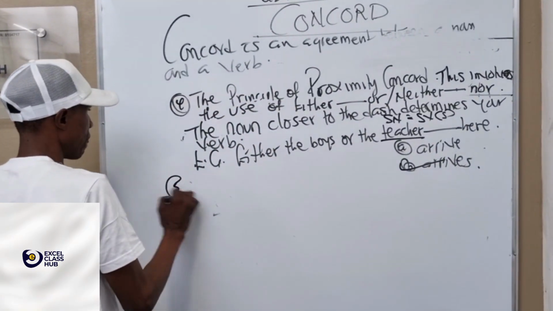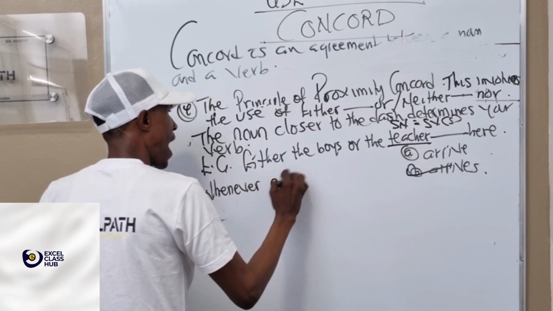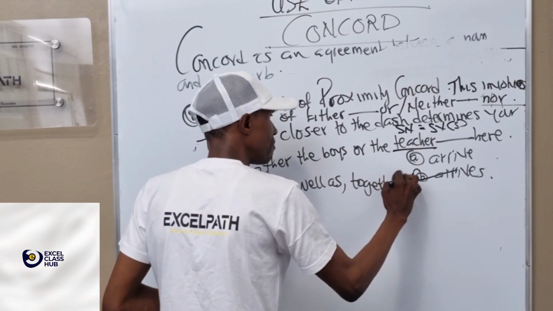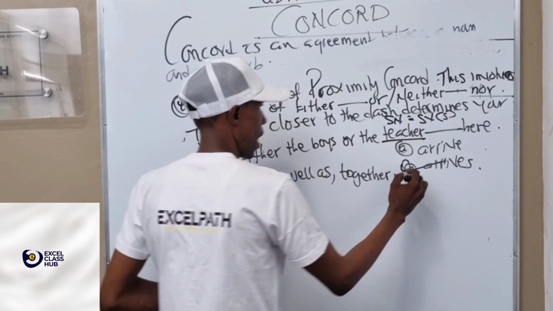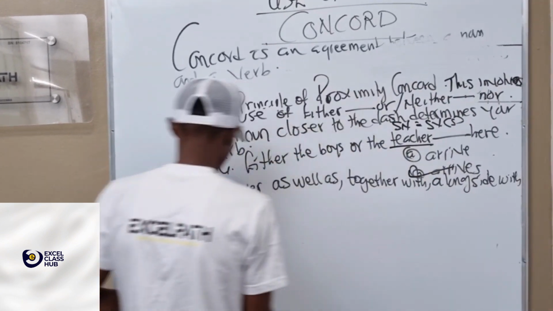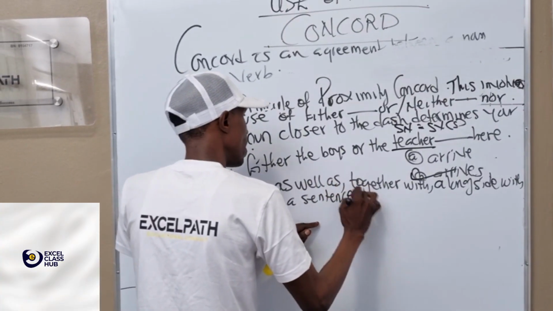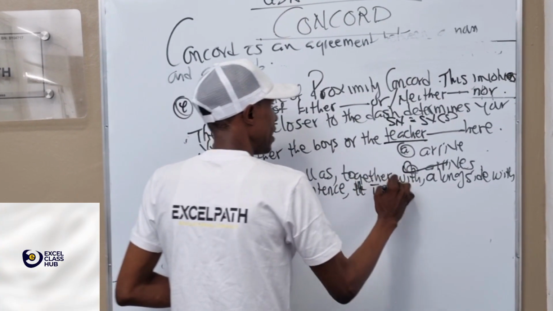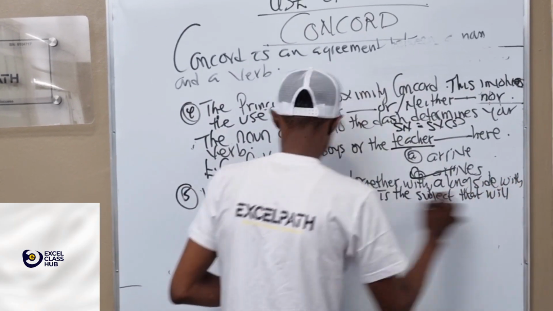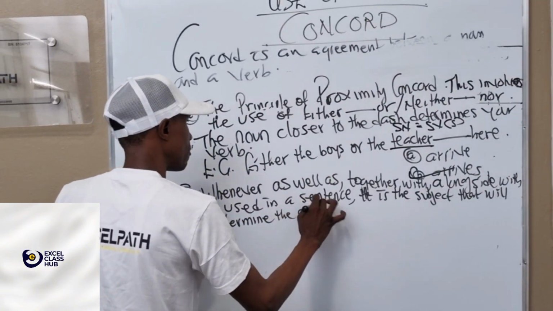Now, principle 5. Whenever as well as, together with, alongside with is used in a sentence, it is the subject that will determine the answer.